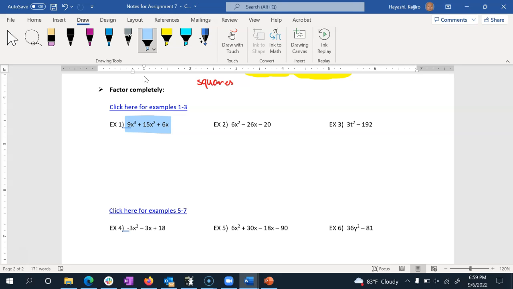Certainly, for the numbers you can factor out a 3. That is the greatest common factor for the numbers. Right, and for the variables you can always factor out the lowest power that appears. So your greatest common factor here that you're going to want to factor out is 3x. And if you do that, that's going to make the rest of this a lot easier.